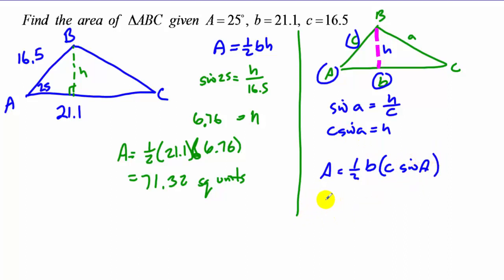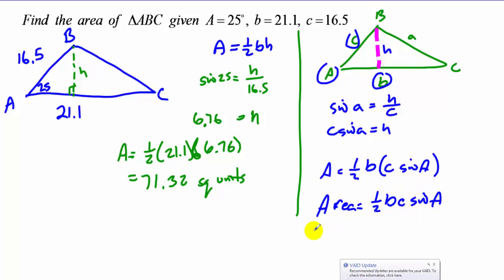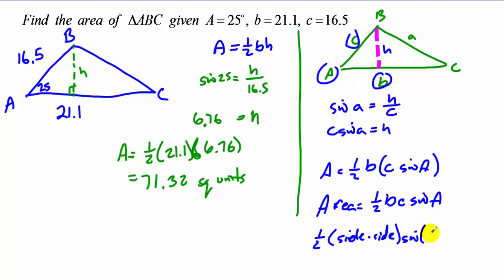So really, the area equals, let's write area because I have this other A right here, equals 1/2 BC sine A, or in other words, 1/2 two sides multiplied together times the sine of the angle.